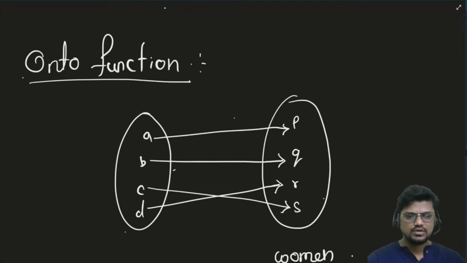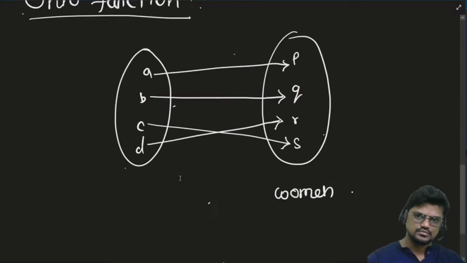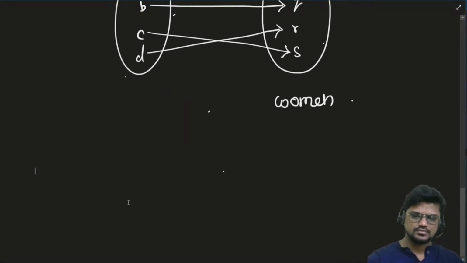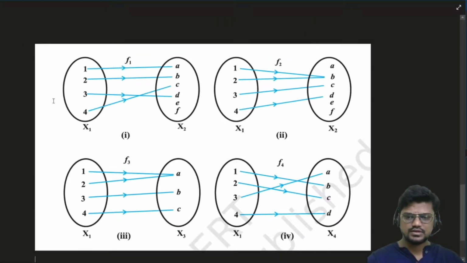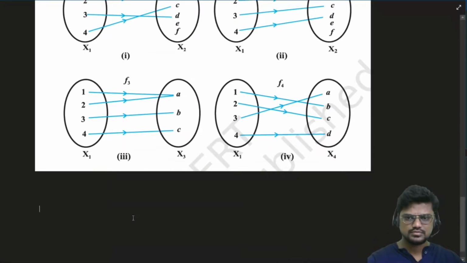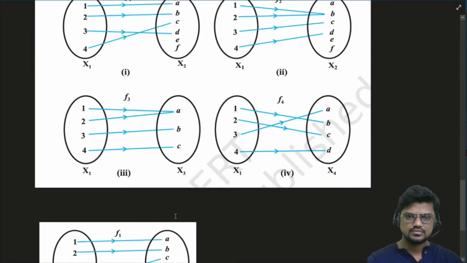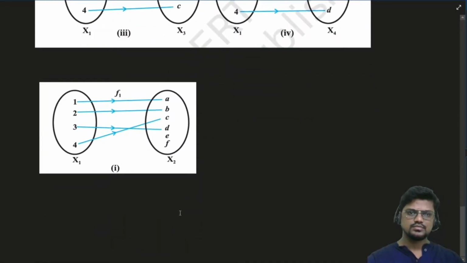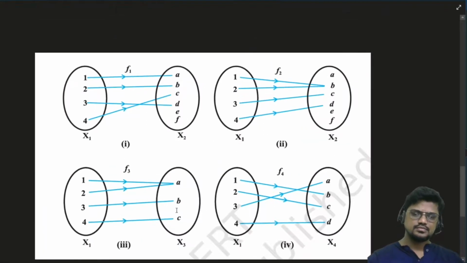Chalo. Now I'll take some diagrams from your textbook. You guys tell me whether it is onto, one one, or what it is exactly. If I draw it over here, let me take them separately. Just a moment, guys.